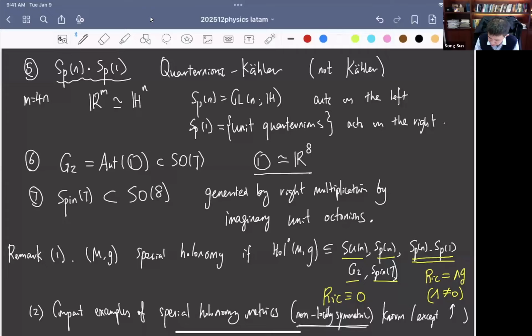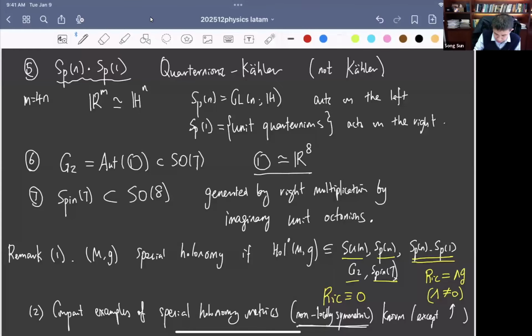There are no examples where the Einstein constant is positive other than the known examples, which are all symmetric. And I don't think there is any example known with negative Einstein constant. It's still an open question. If you want to learn more, you can look up references.